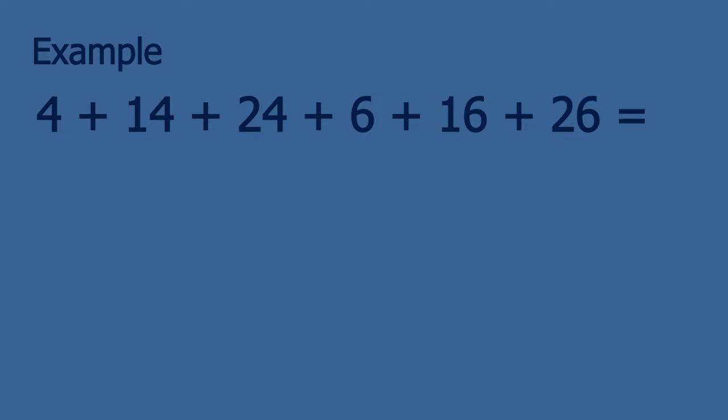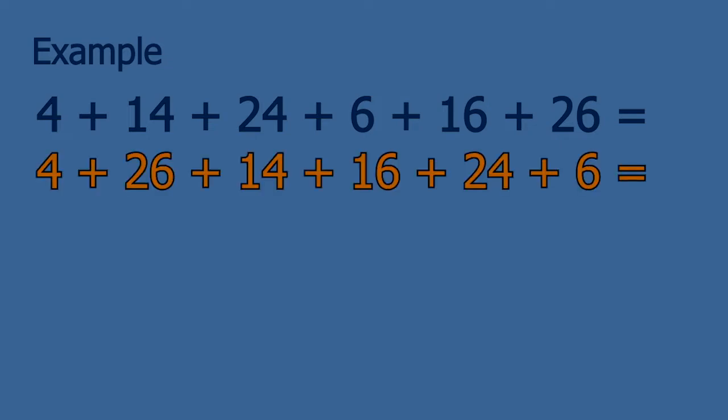Now, with these two properties, we can actually switch it up and make our lives that much easier. Let's reorganize the problem. Instead of 4 plus 14 plus 24 plus 6 plus 16 plus 26, I'm going to switch it to 4 plus 26 plus 14 plus 16 plus 24 plus 6. Now this problem is a lot easier. Still don't see it yet? Let me add the parentheses to make it super obvious.